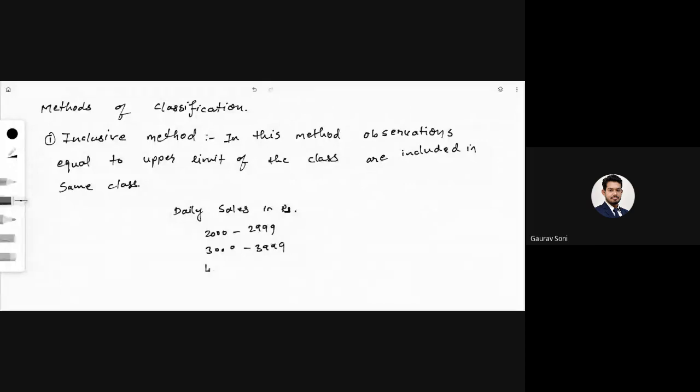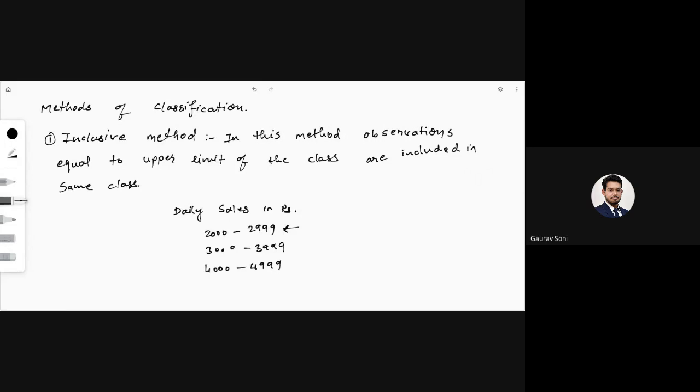This is 4000 to 4999. You can see there is a disjoint, and whenever you have an observation, if someone is having daily sales as 2,999, it will be included here itself.